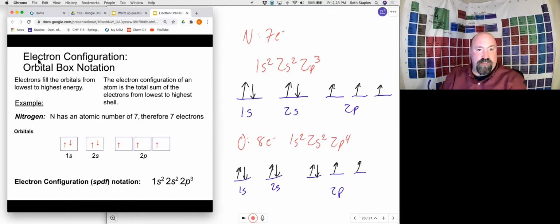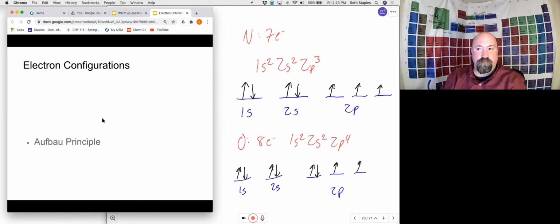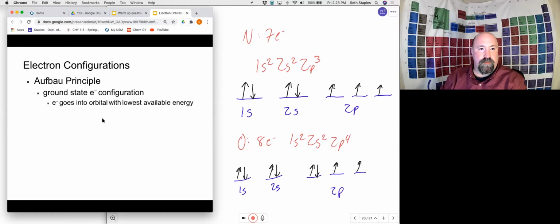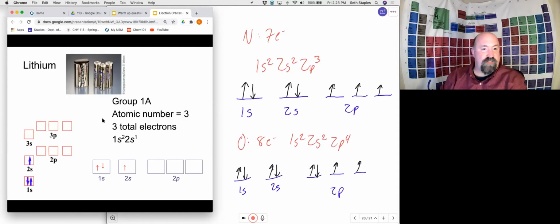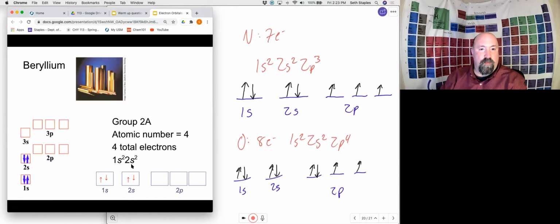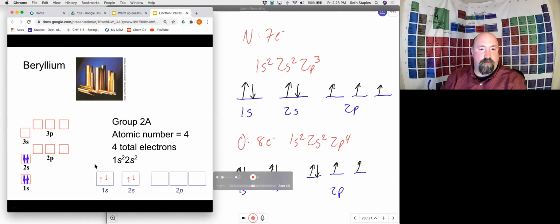So here's the example that we just looked at with nitrogen. Same thing that we just did. We've already talked about all this, and here are a few examples. Here's lithium, 1s2, 2s1. Here's our configuration, here's our orbital filling diagram. Beryllium, 1s2, 2s2. Here's our orbital filling for beryllium.